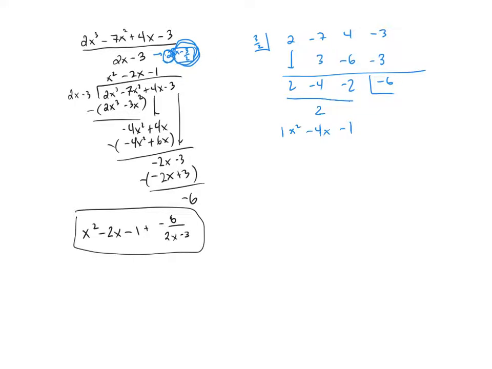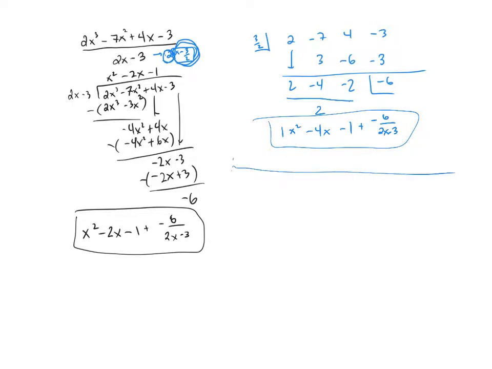The -1 is the constant term. The -6, we're going to write over the divisor anyway, so we don't need to divide it by the 2 because it's already going to be over the 2 in my answer, the 2 and the x minus 3/2. So basically, I can go ahead and do synthetic division as normal, but at the end, I need to divide just my quotient piece by the coefficient of that x.